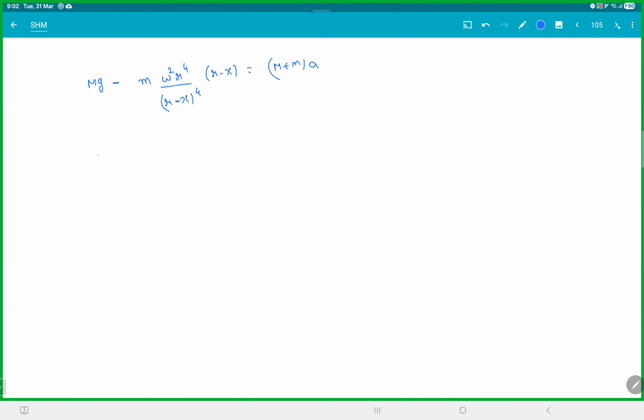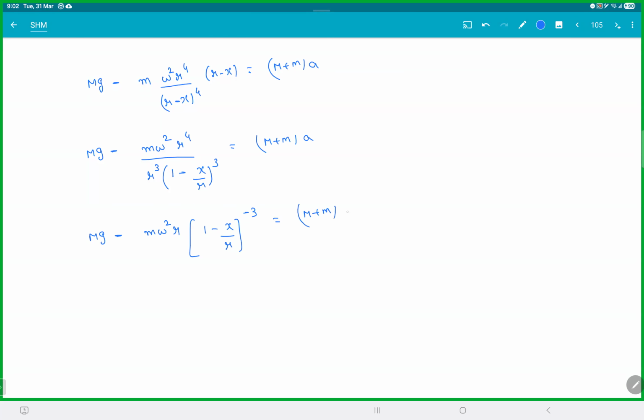Perfect. mg minus m omega square r power 4, take out r cube common. We'll get (1 minus x by r) whole power 3 is equal to M plus small m a. This would be mg minus m omega square r. You can bring it up. It will become (1 minus x by r) whole power minus 3.